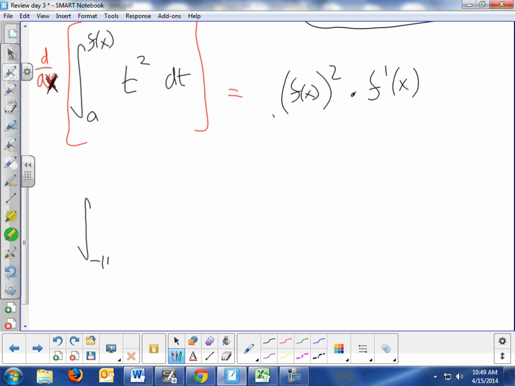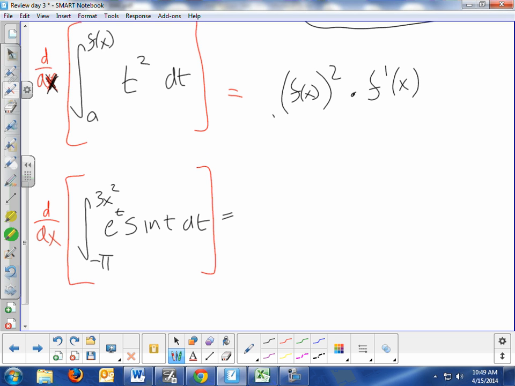If I said from negative pi to 3x squared of e to the t sine t dt, and you wanted to take the derivative with respect to x of that, that would be equal to plugging in that function where t is times the derivative of the function.